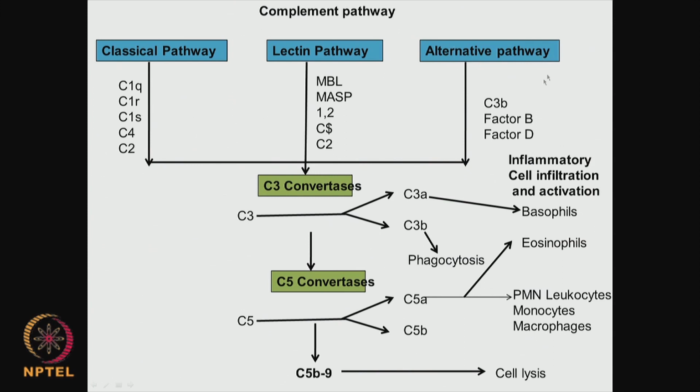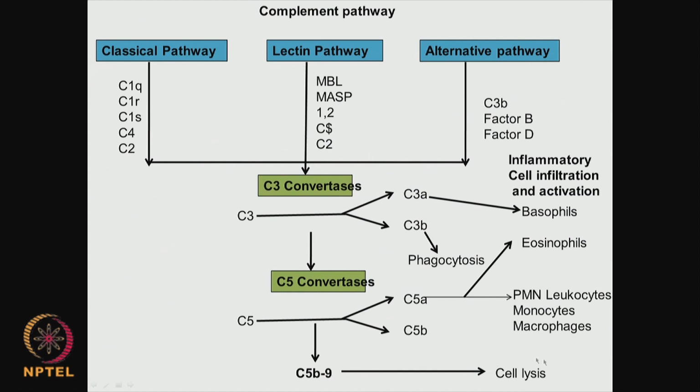As I said, generally biomaterials or foreign bodies elicit this pathway. So, we have inflammatory cell infiltration and activation, then it leads to basophils, eosinophils, monocytes, macrophages, and you can have cell death happening here. Because of this pathway, a lot of complements are activated.